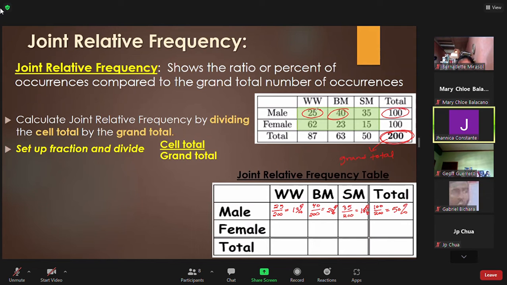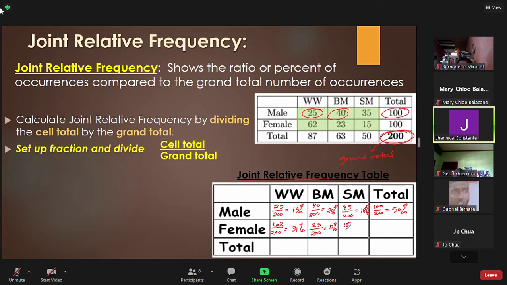Okay, so the same of what we did with the male category, that is also what we're going to do with the female, to change the two-way frequency into a joint relative frequency table, which is 62 divided by the grand total, which is 200. So in percentage, 62 divided by 200 is equal to 31%. 23 divided by 200 is equal to 12%.